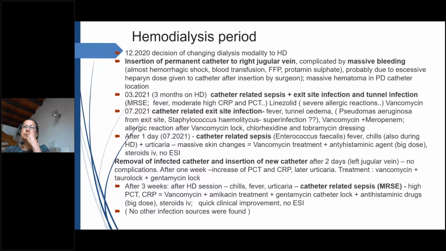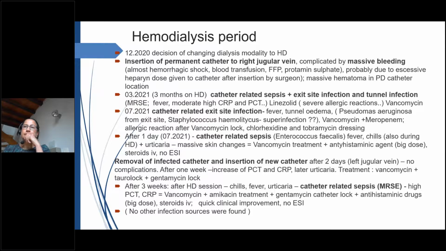At the beginning, it was just like always during New Year's Eve day, but finally it was done. So we removed his dialysis catheter, Tenckhoff catheter, and our surgeon inserted a permanent catheter on the right side.